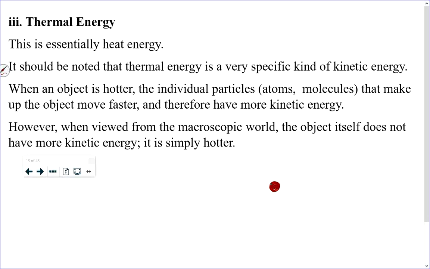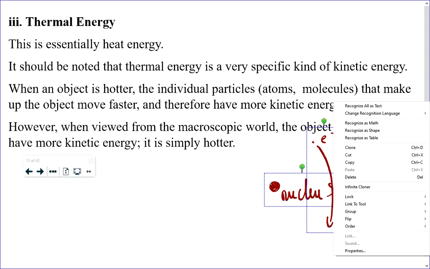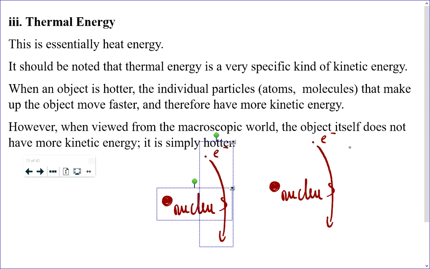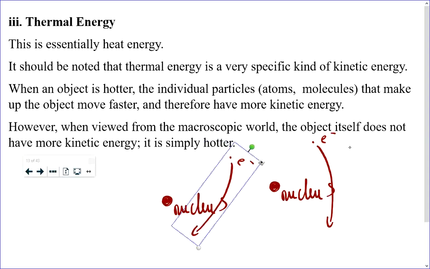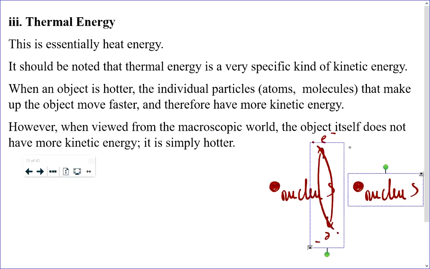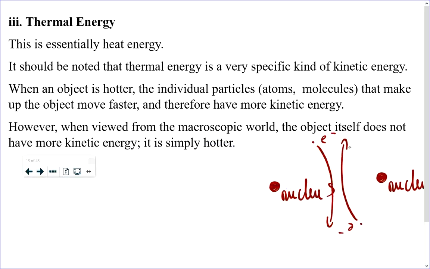in your hand with a nucleus, and there are electrons that are in orbit around the nucleus. And electrons are negative. And if I have another atom next to it, and I start moving these atoms back and forth against each other, the electrons repel from each other.